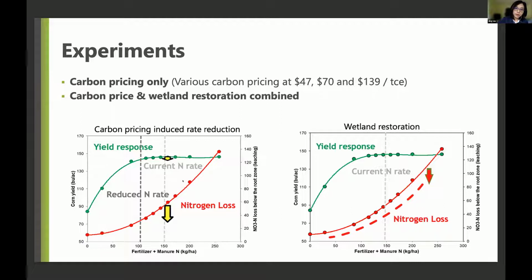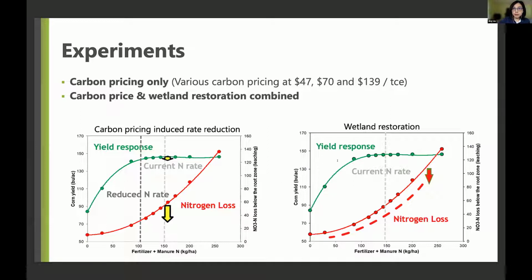So we are moving along this curve from a high nutrient application to a lower one. That is expected to reduce the leaching more significantly than the yields if the farmer is already applying the nutrient at this flat part of the yield response.